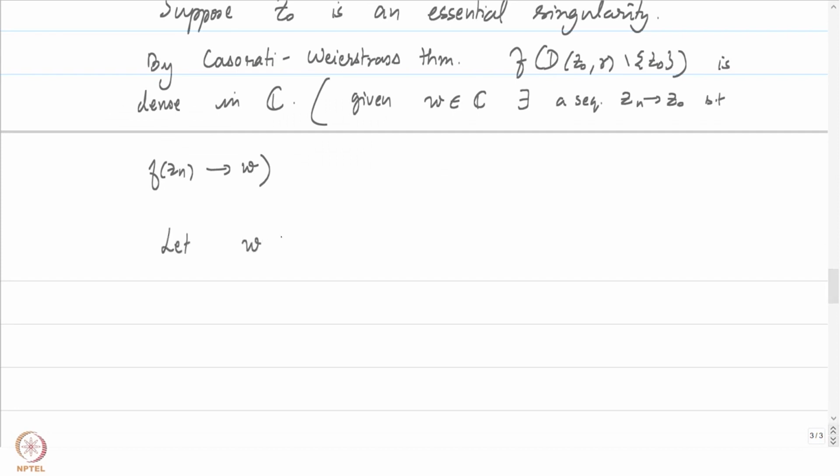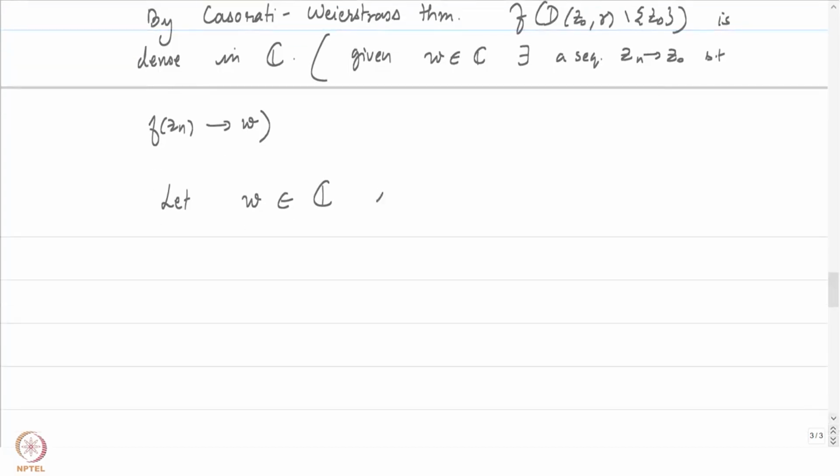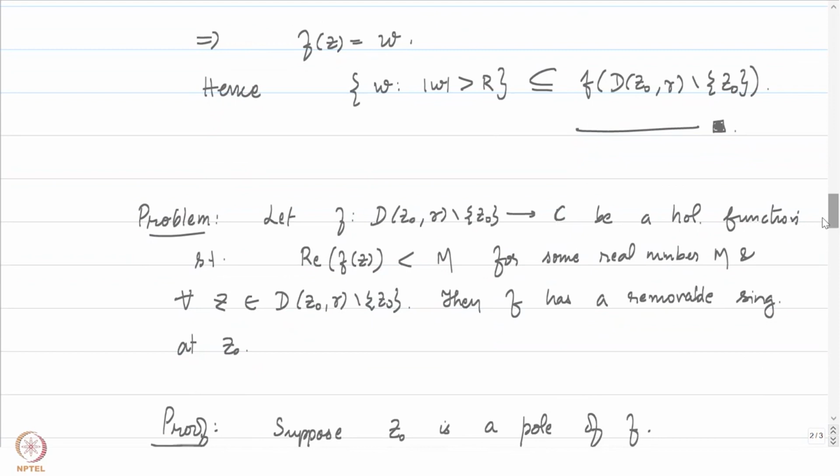Let W be a point in the complex plane such that the real part of W is greater than M. Again, a condition which is going to give us the contradiction.